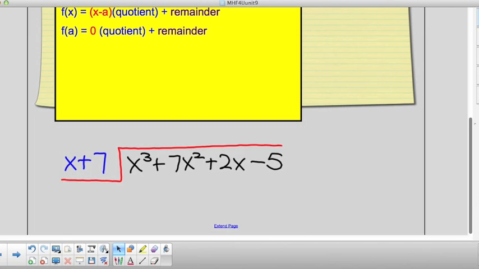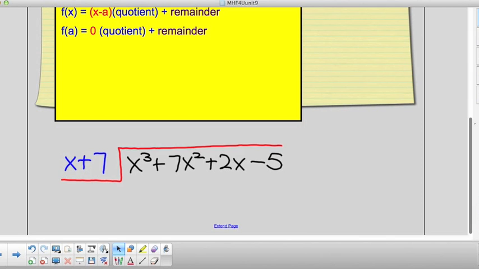But when I divide x plus 7 into my quotient, if I do have a remainder, then it's not going to be a factor, and it's not going to be a root. So to find a factor, we always want a remainder of 0. Now, because this is a long process, I kind of want to use the remainder theorem to figure out what the remainder is first of all, so I know that I've got the right answer at the end.